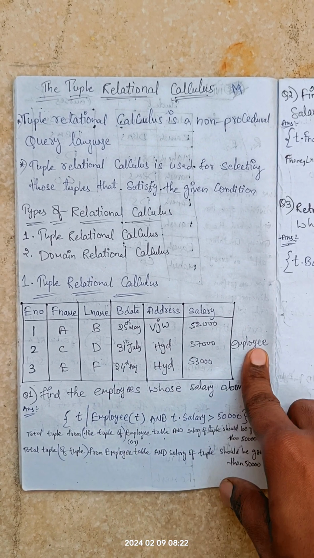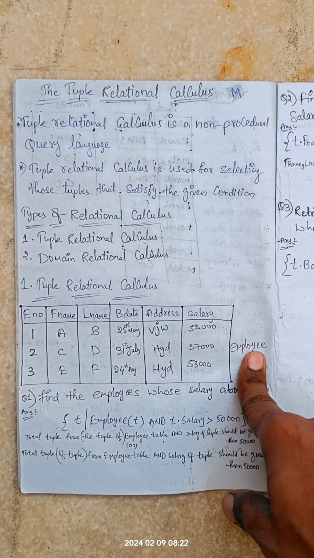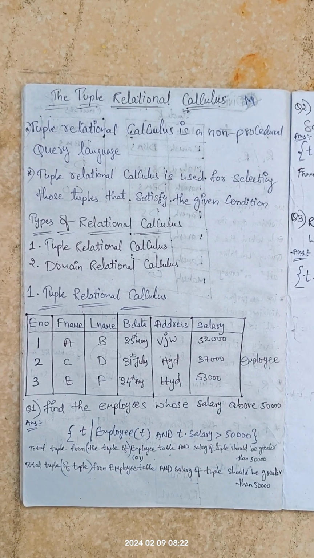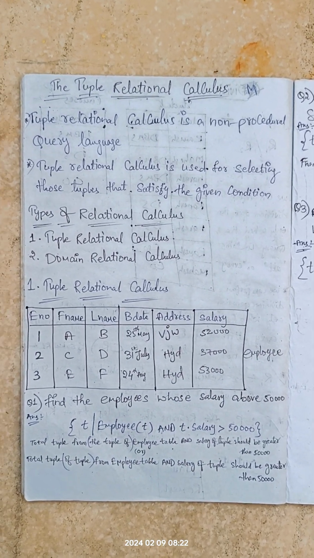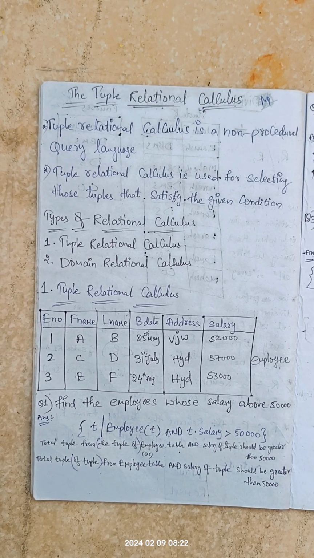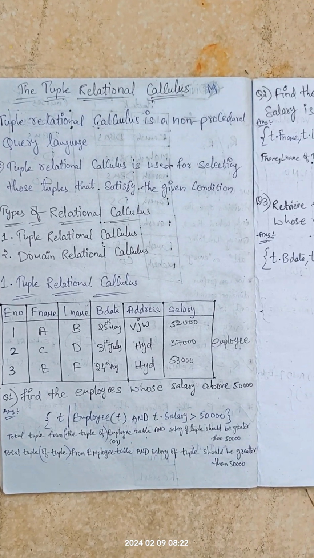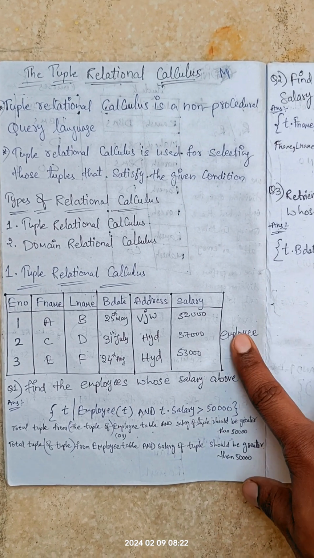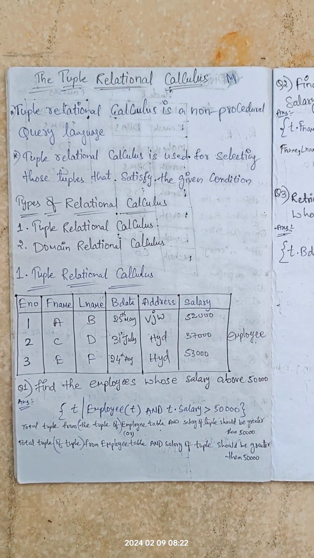Here the table name is employee. They will maintain department tables, and labor tables, because the laborers are also working in the company. So many tables will be maintained.